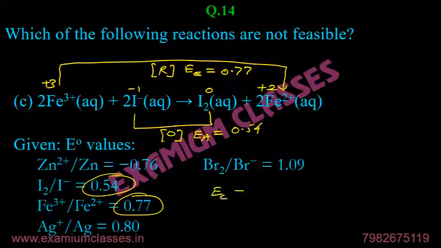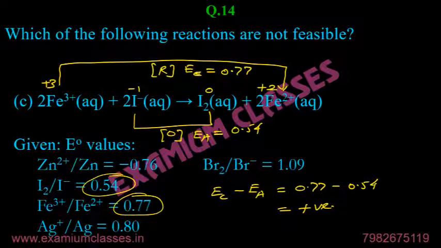EC minus EA will give you 0.77 minus 0.54, which is positive. So you need to calculate and then say positive, okay? Hence the reaction will be feasible.